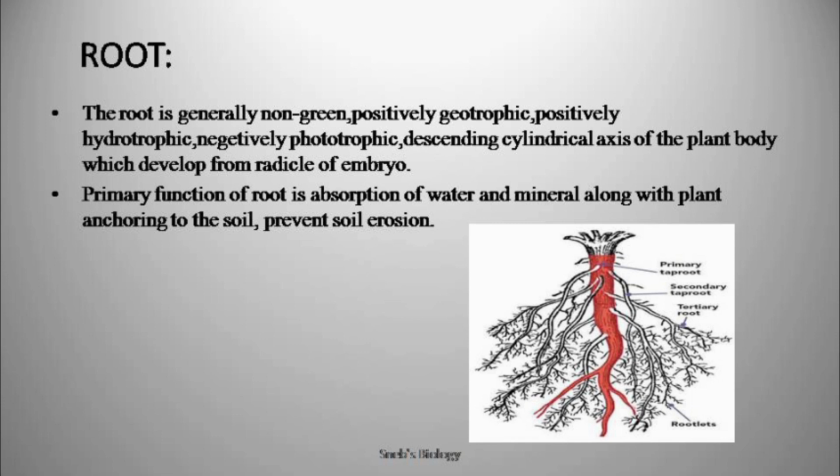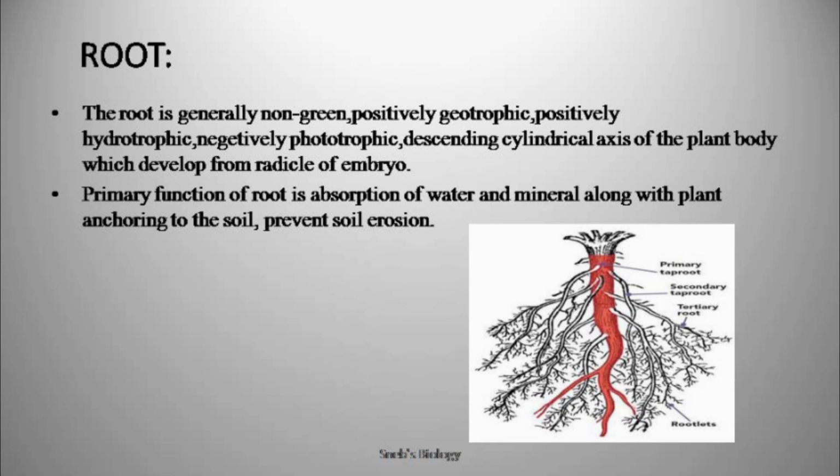The root is generally non-green, underground, positively geotropic, that is moved towards the soil, positively hydrotropic, that is moved towards the water, negatively phototropic, that is moved away from light, descending cylindrical axis of plant body which develops from the radicle of germinating seeds or embryo.